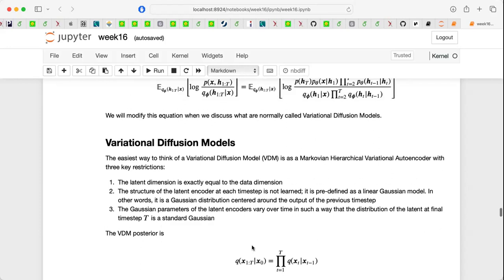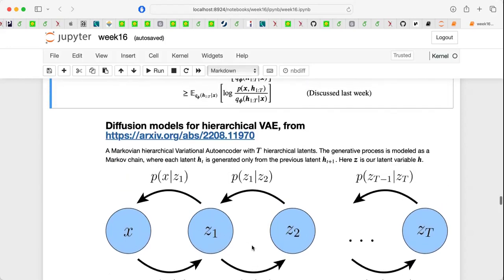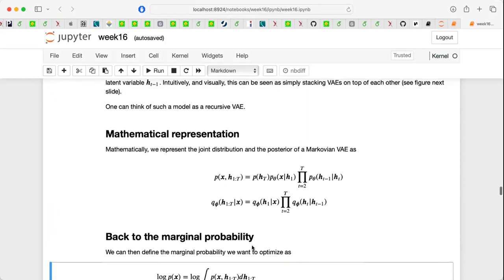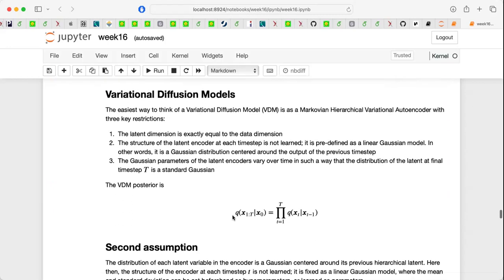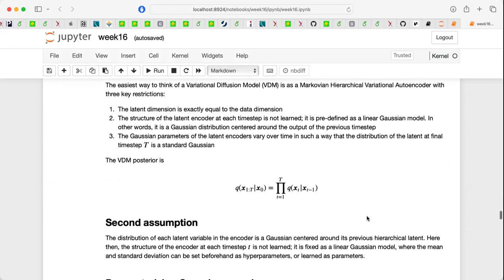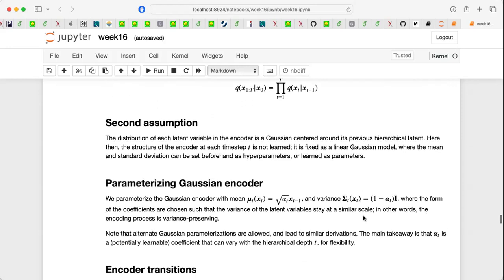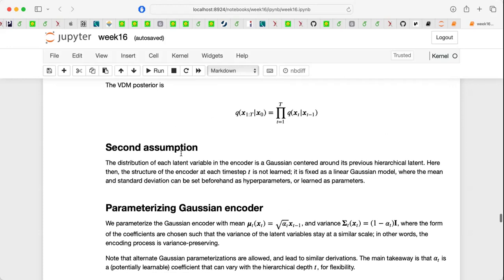This is the same as the quantity which we defined up here. I'm just introducing a slightly more compact notation. Now, if you look at the second assumption, the distribution of each latent variable in the encoder, each one of these is the encoder part, is a Gaussian which is centered around its previous hierarchical latent.